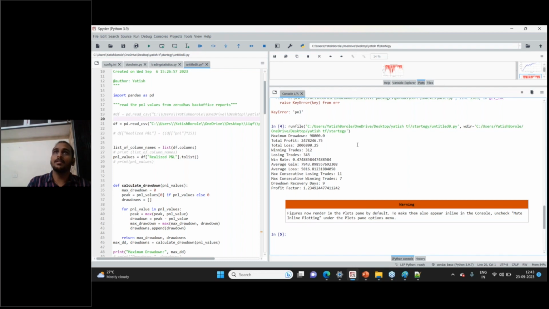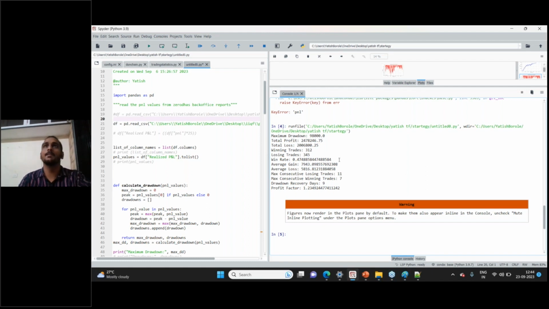If you're placing your orders on an amount of around 10 lakh rupees, then 98,000 comes to around 9.8% drawdown, and then the total profit is 24 lakhs, the total loss is 20 lakhs. We will subtract both of these numbers to come up with the final P&L. The winning trades were 312, the losing trades were 345. Hence, we have a 47% accuracy of the system which we have executed.